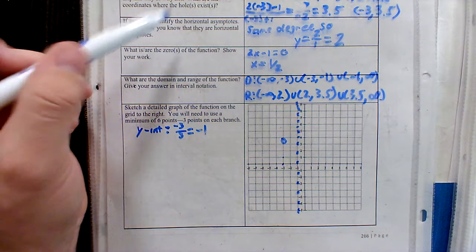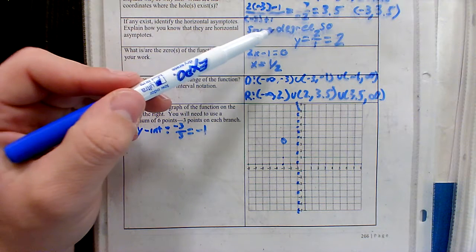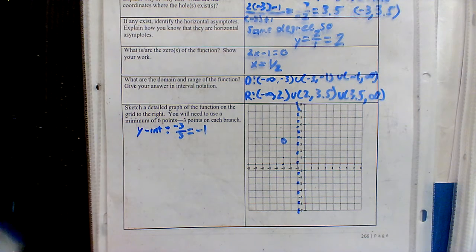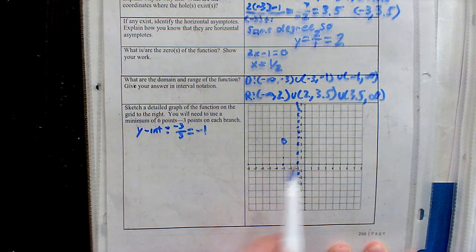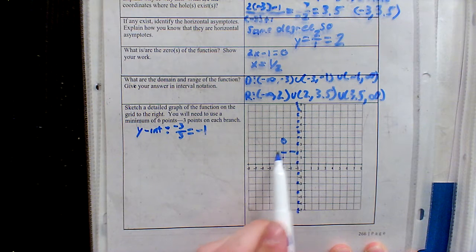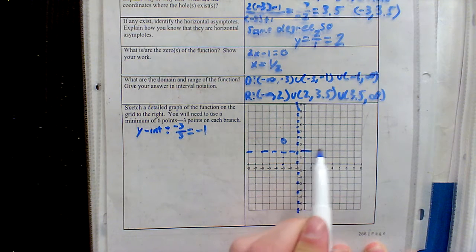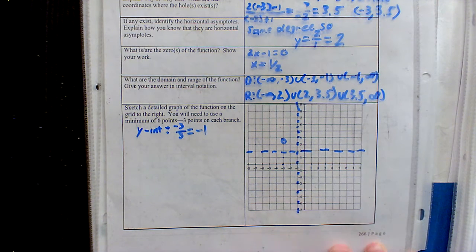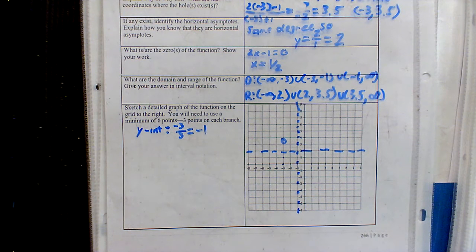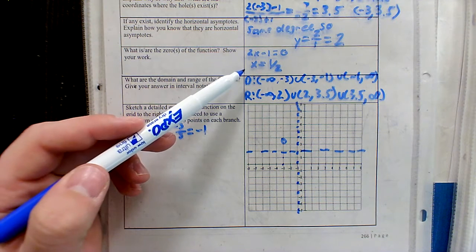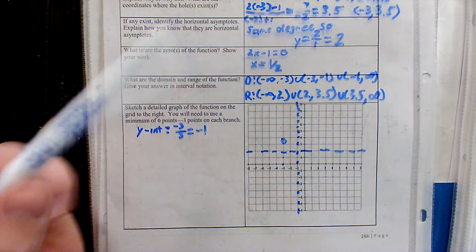Then it says horizontal asymptote. We found that it was the coefficients. So 2 divided by 1 is 2. So at y equals 2, we have a horizontal asymptote. So draw your dotted line. That's our horizontal asymptote. Zeros of the function, in other words, the x-intercept. Well, we found the x-intercept was at x equals 1/2.